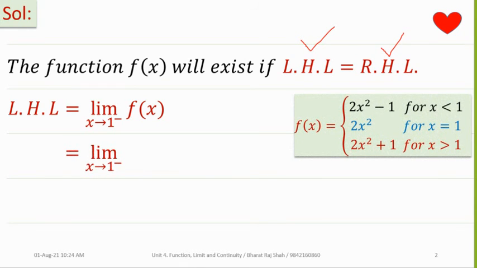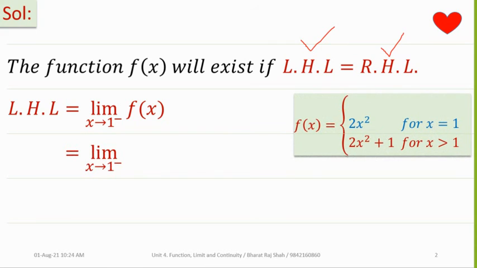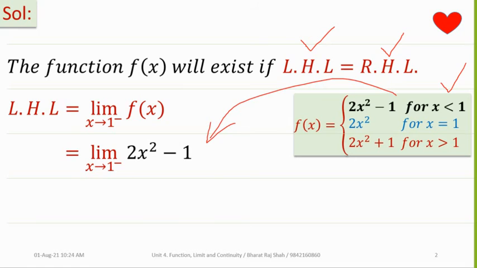Here it is x tends to 1 minus, x less than 1, so here we have to choose this function. Why? Because x minus simply means take that function which is defined for x less than 1. Have you got it?